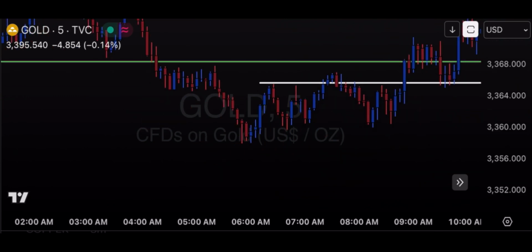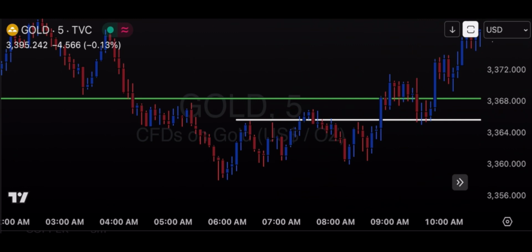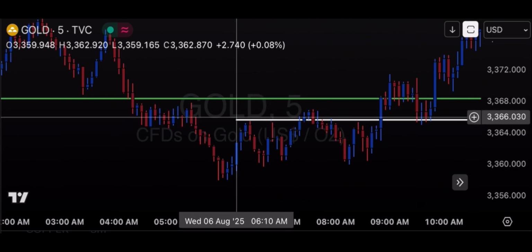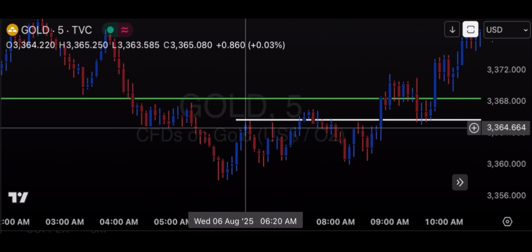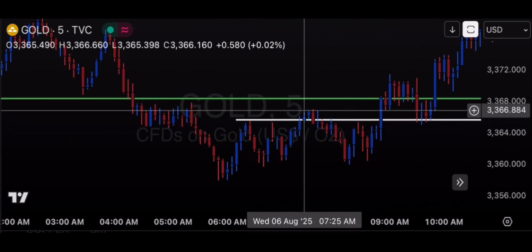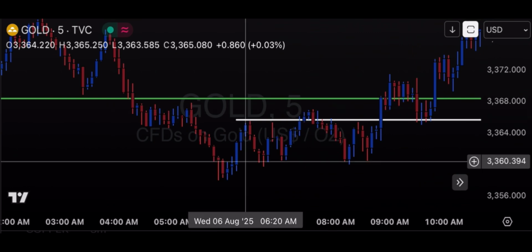Okay, and with that being said, where this line's placed at the top of the lower high, whenever we broke above it right here, we have the market shift of structure. And as I was talking about just a moment ago, followed by the market shift of structure, there's a break of structure.